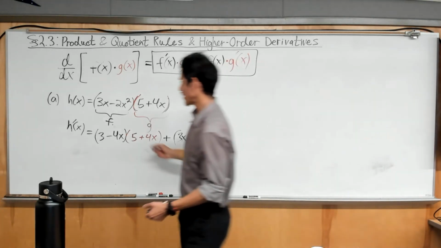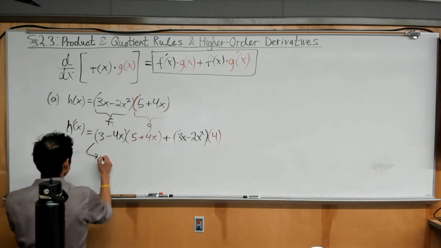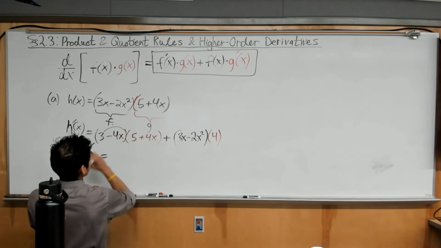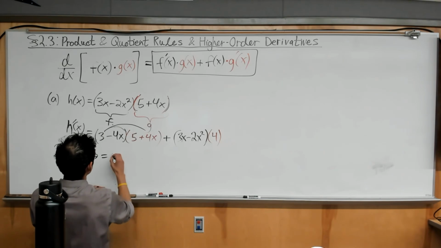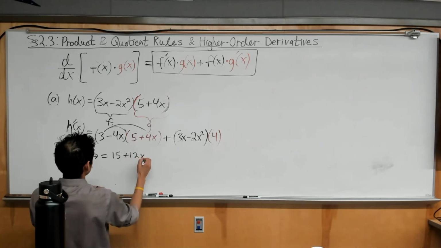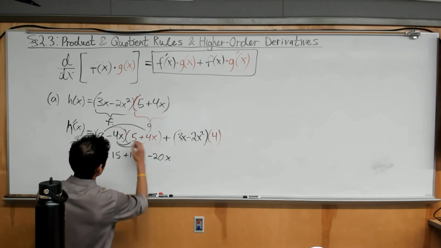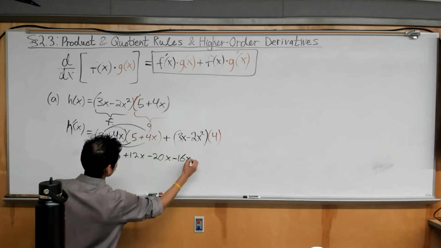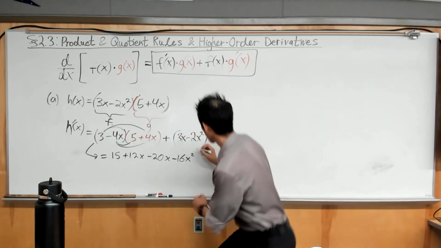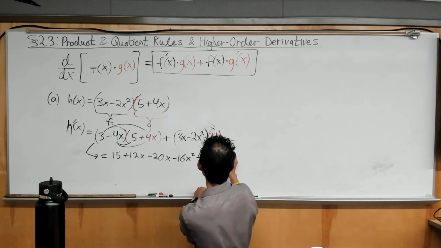And then I just do some math and simplify this using the math from the past. You have to do a lot of work here. 15 plus 12x minus 20x minus 16x squared, plus 12x minus 8x squared.